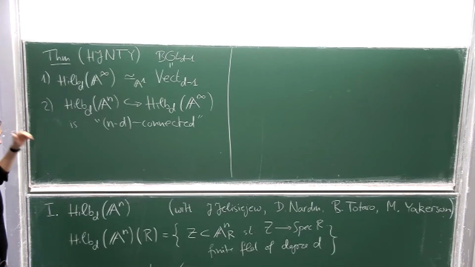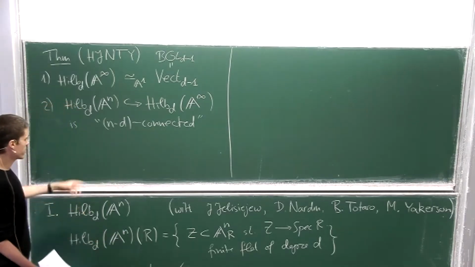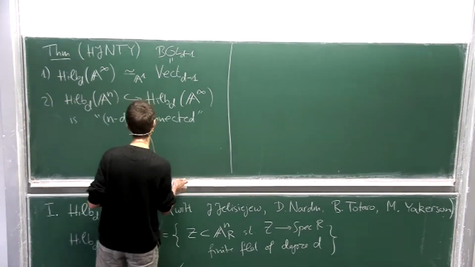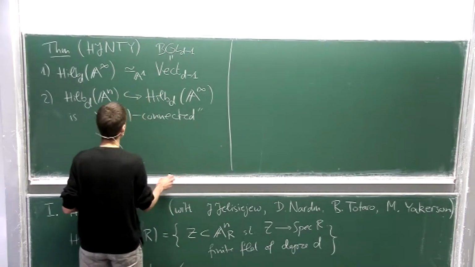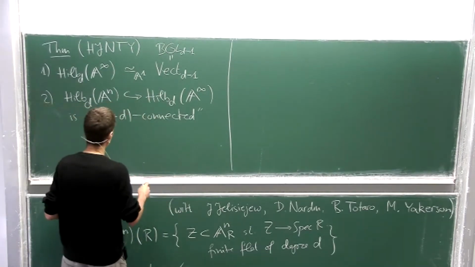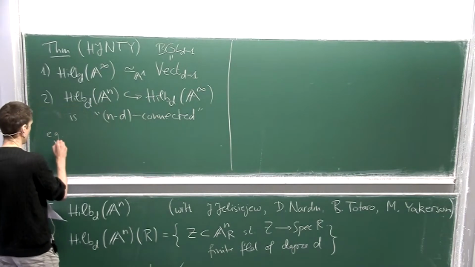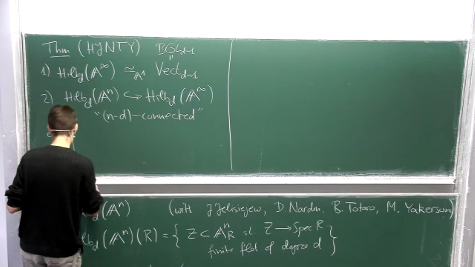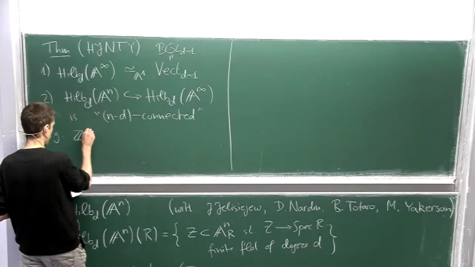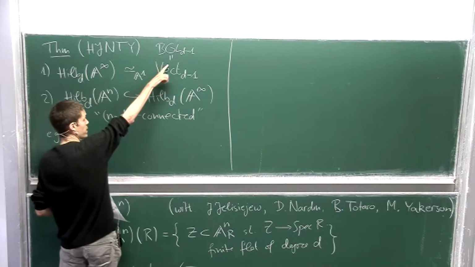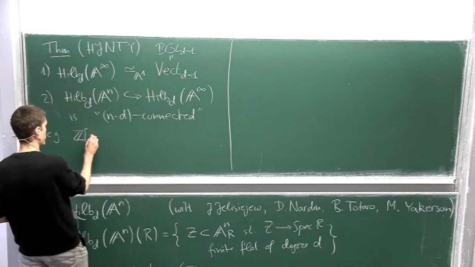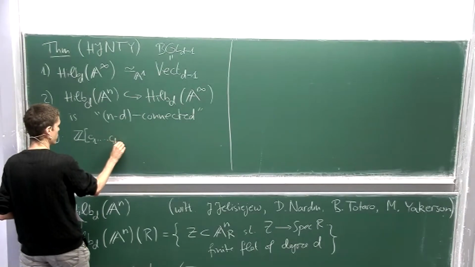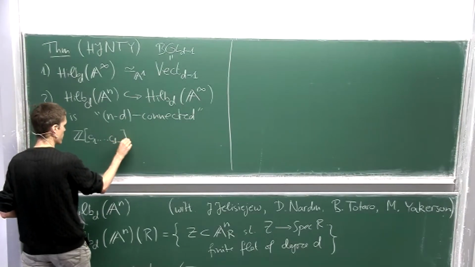Now, as I said, I'm not saying what this means, but instead let me tell you some consequences of this connectivity for some standard cohomology theories, to give you an idea. So for example, let's look over the complex numbers, just ordinary cohomology. The cohomology of this over the complex numbers is a polynomial ring over the first D-1 Chern classes.